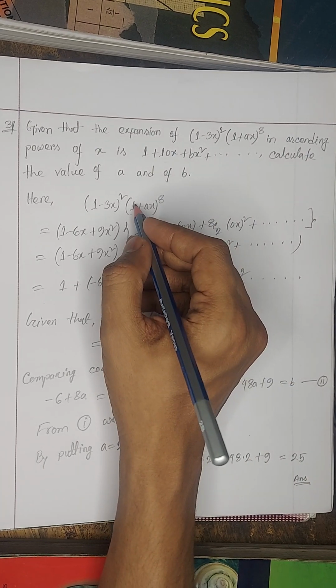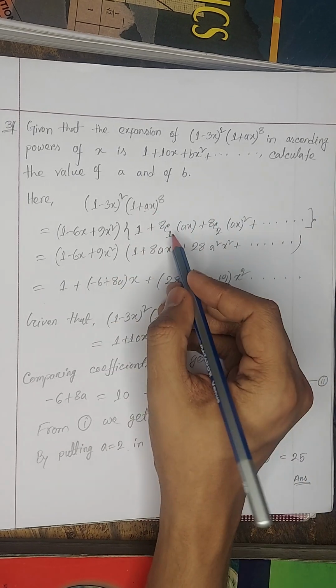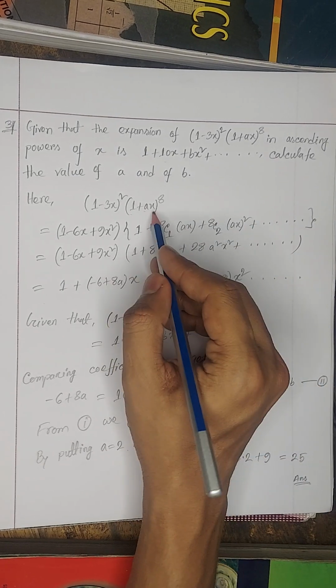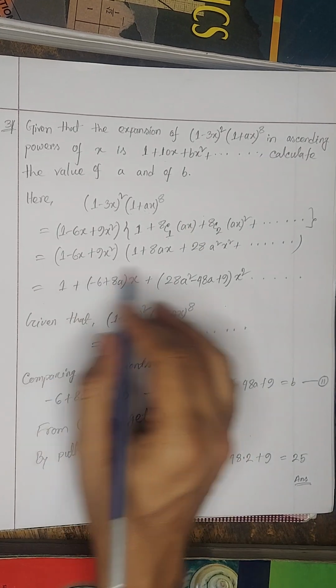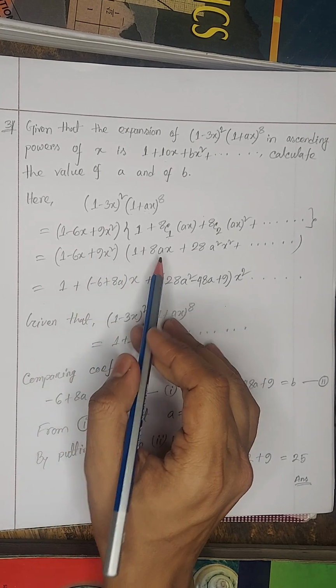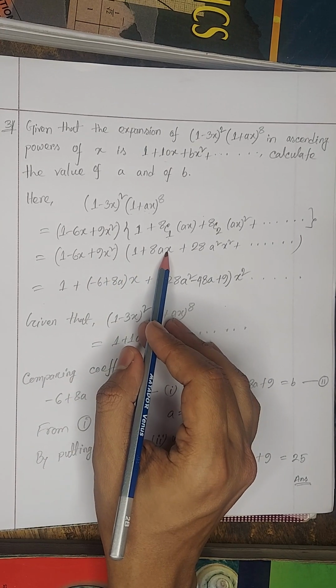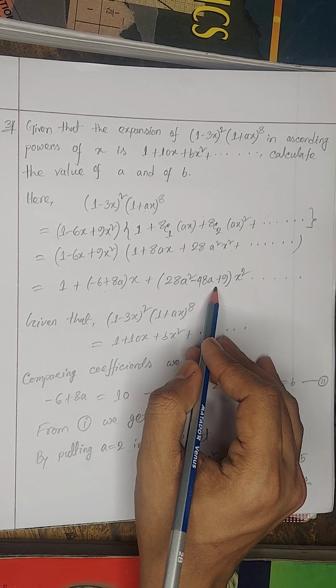The power of 1 will decrease and the power of the second term will increase, right, 8C1 ax to the power 1 and 8C2 x to the power 2. And after calculating, if we take the coefficient of x together and the coefficient of x square together, we get this expression.